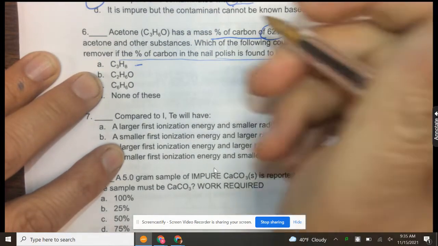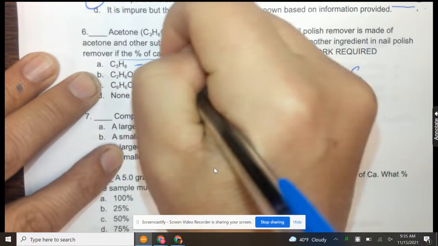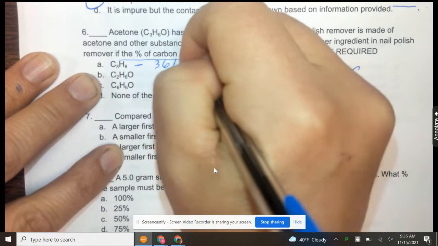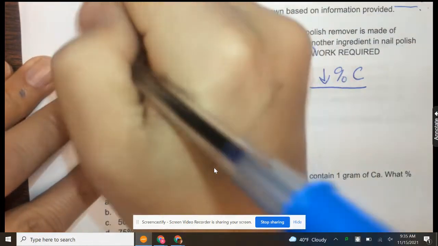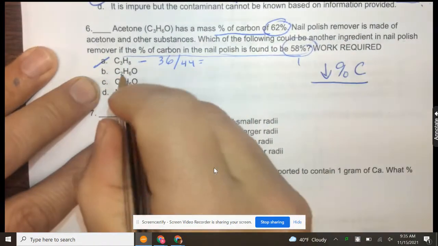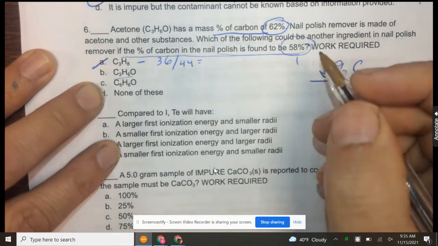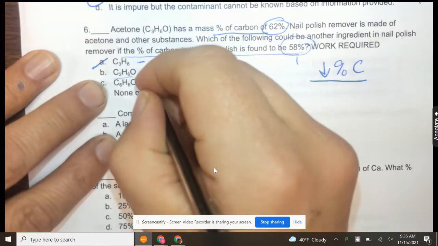This doesn't look promising. This would be 36 over 44. That's like 75%, 30 over 40. So no way. That's a bigger percentage of carbon. C2H6O.